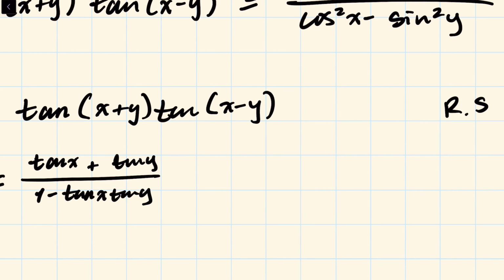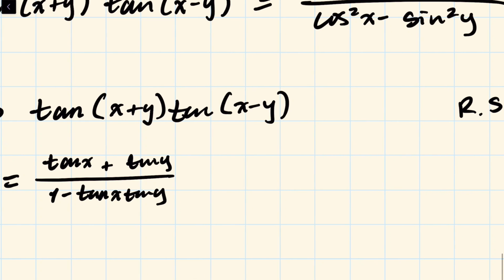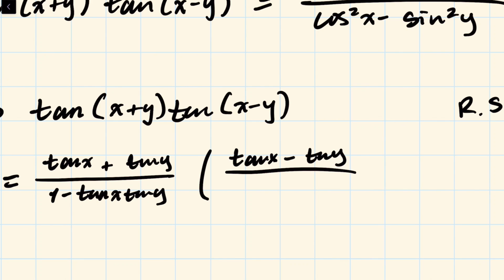And when you have a difference, you're just switching the signs. So that's being multiplied by tangent x minus tangent y over 1 plus tangent x tangent y.